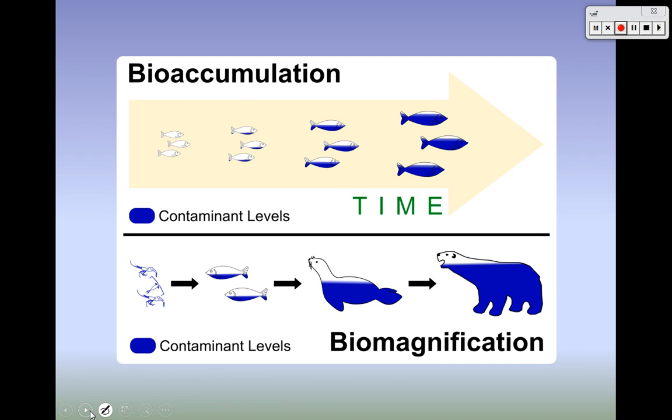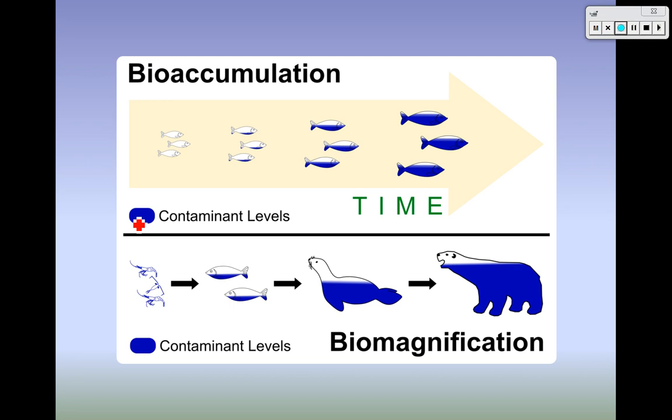So I also want to quickly talk about two contaminant issues. Okay, so in these pictures, you have blue are contaminants. And so these are contaminants in the biosphere. They're called literally biocontaminants.